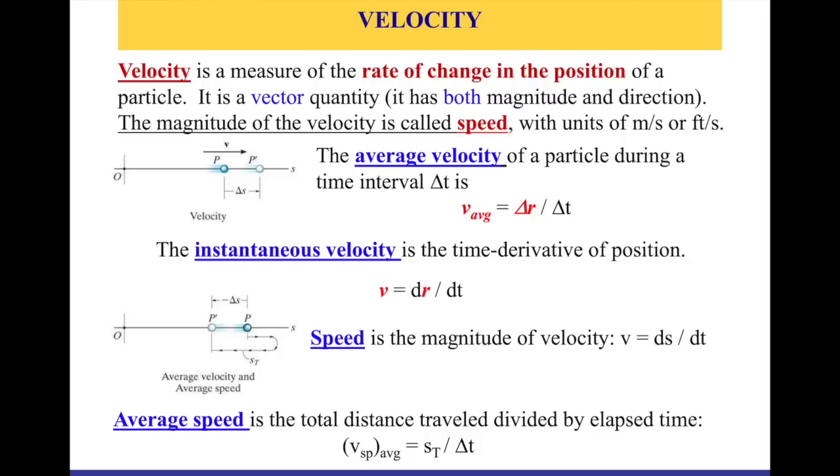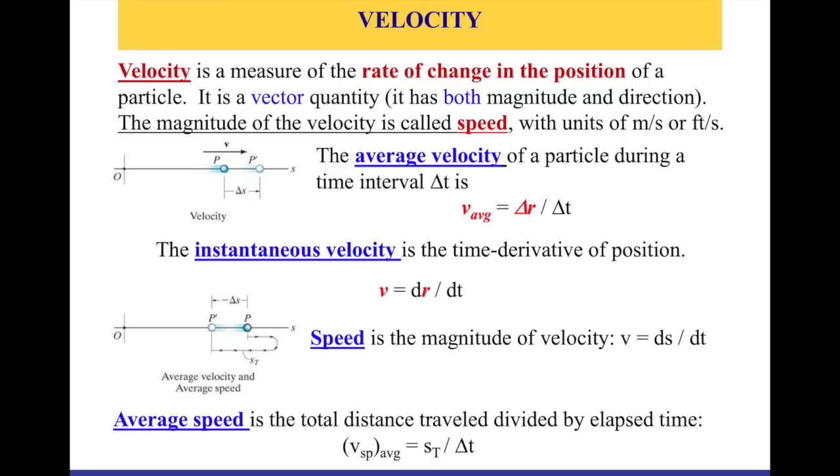The average speed is s_t divided by the elapsed time, delta t. It is written as v_sp, and in parentheses you have the avg notation.